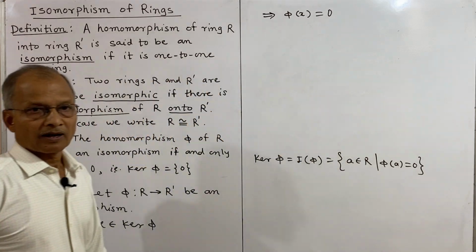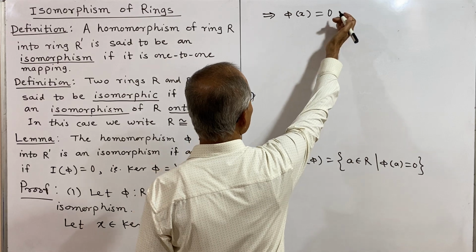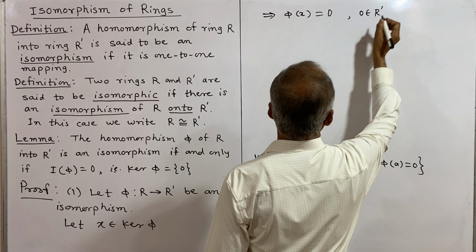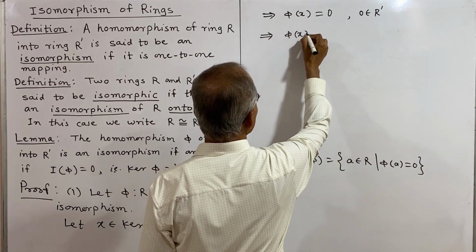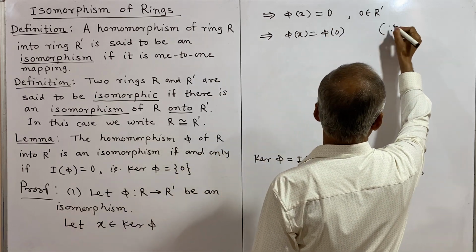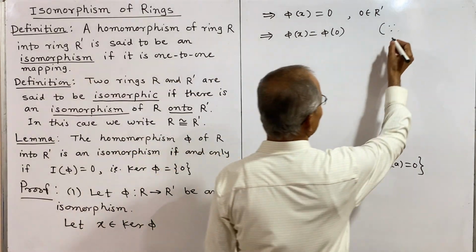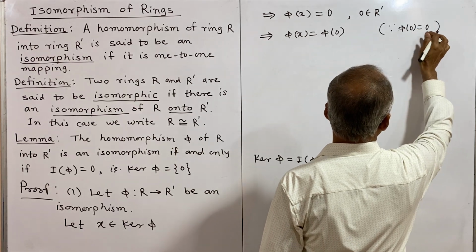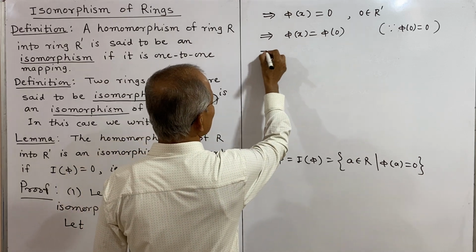But the phi image of 0 is again 0, and this 0 is in R dash. This implies phi of x is equal to phi of 0, since we have the result in the lemma on homomorphism that the phi image of 0 is equal to 0, with 0 in R dash and this 0 in R.